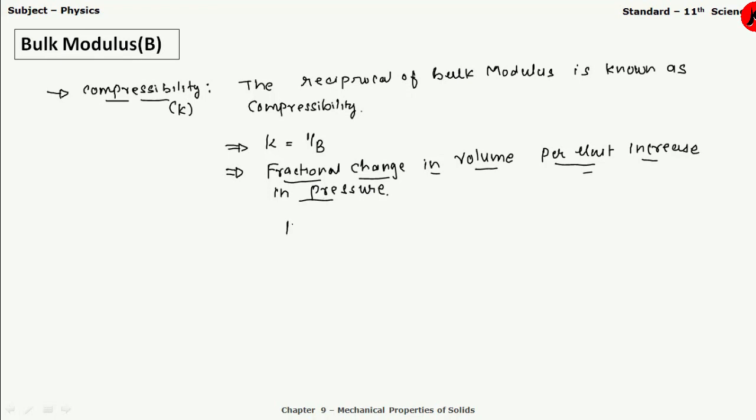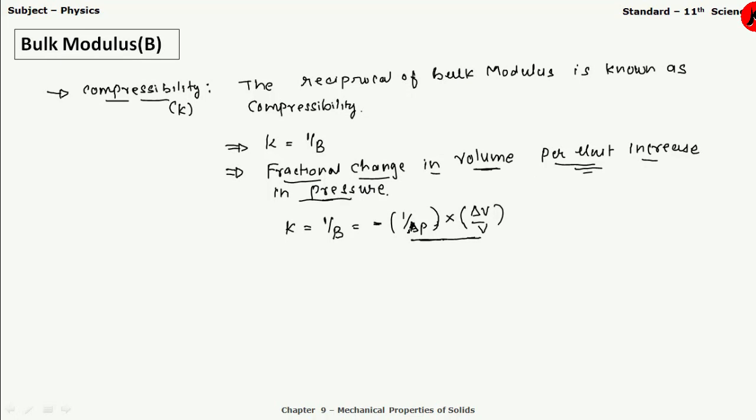So the equation of K is equal to 1 by B, or minus 1 by delta P into delta V by V. This equation comes from the equation of bulk modulus, because here we need the fractional change in volume but per unit increase in pressure.